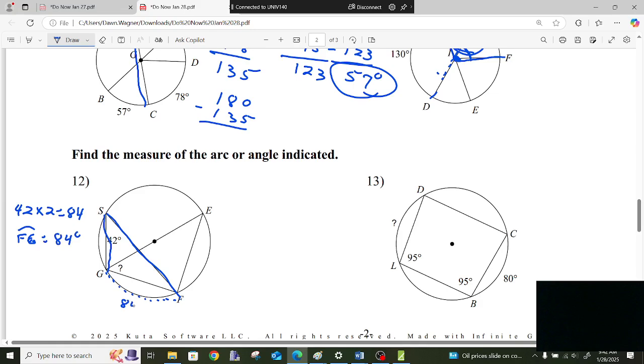So this is 84. Does that help us at all to find this angle here? What's this arc over here going to be? These two have to add up to what? 180. So 180 minus 84 is going to give us arc FE, which is equal to 96 degrees.